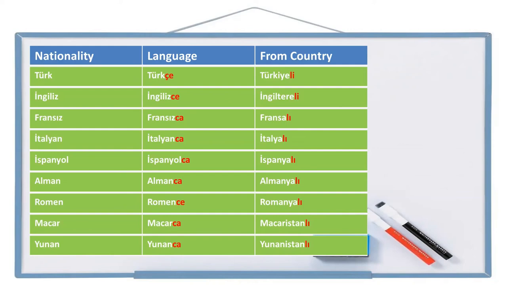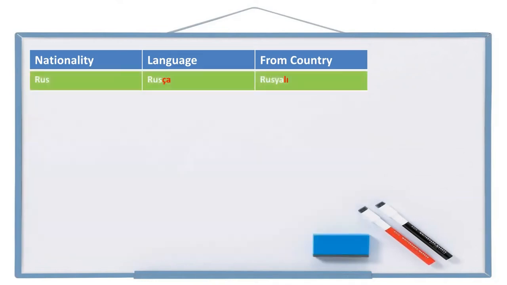The country Greece is Yunanistan. From that country, Yunanistanlı. Let's continue. Russian is Rus as the nationality, and the language Russian is Rusça. The country Russia is Rusya, and from that country, Rusyalı.